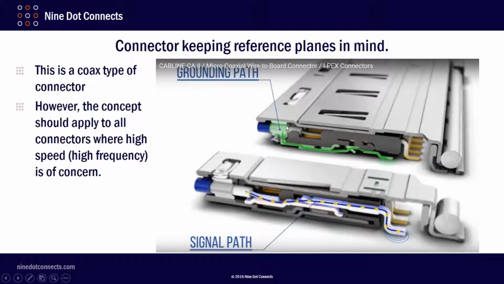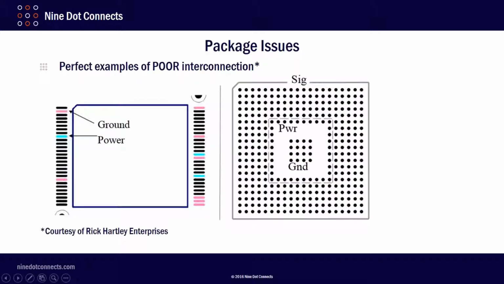If you'll notice here in the coax, they have their reference plane connected through one part of the connector down here and then connected to the circuit board. At the same time, they have their center conductor going to another part of the connector, but physically they are referenced to each other. So they're trying to maintain integrity of that physical dimension between the signal and the reference plane.